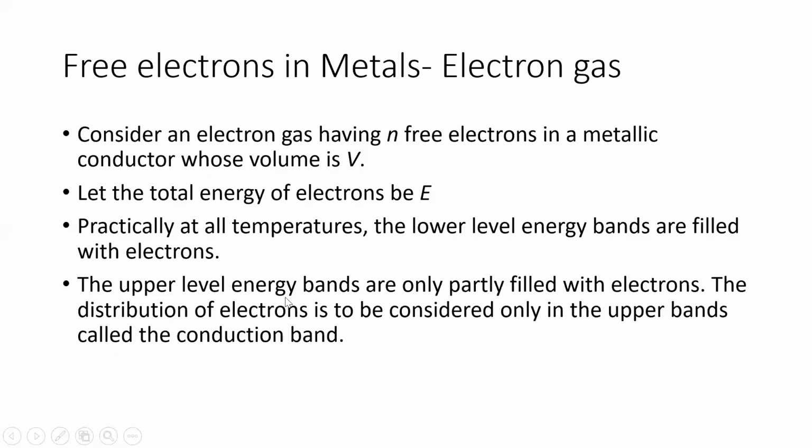So the upper level energy bands are only partially filled with electrons. The distribution of electrons is to be considered only in the upper band called the conduction band, and the lower energy level bands are fully filled with electrons. But the upper band is only partially filled with electrons, so those electrons will behave like free electrons.